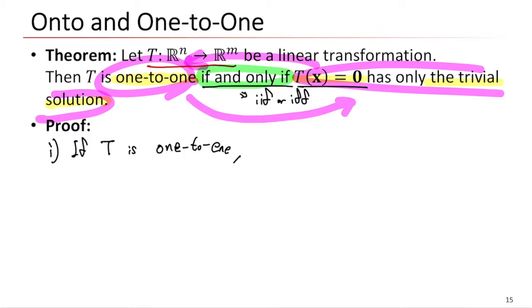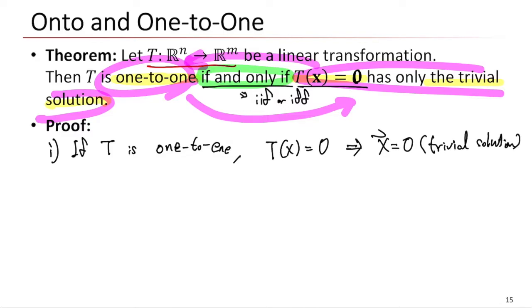Because there should be only one solution for this zero vector. So in this case, x is equal to 0. This is the trivial solution, right? It's the only solution.